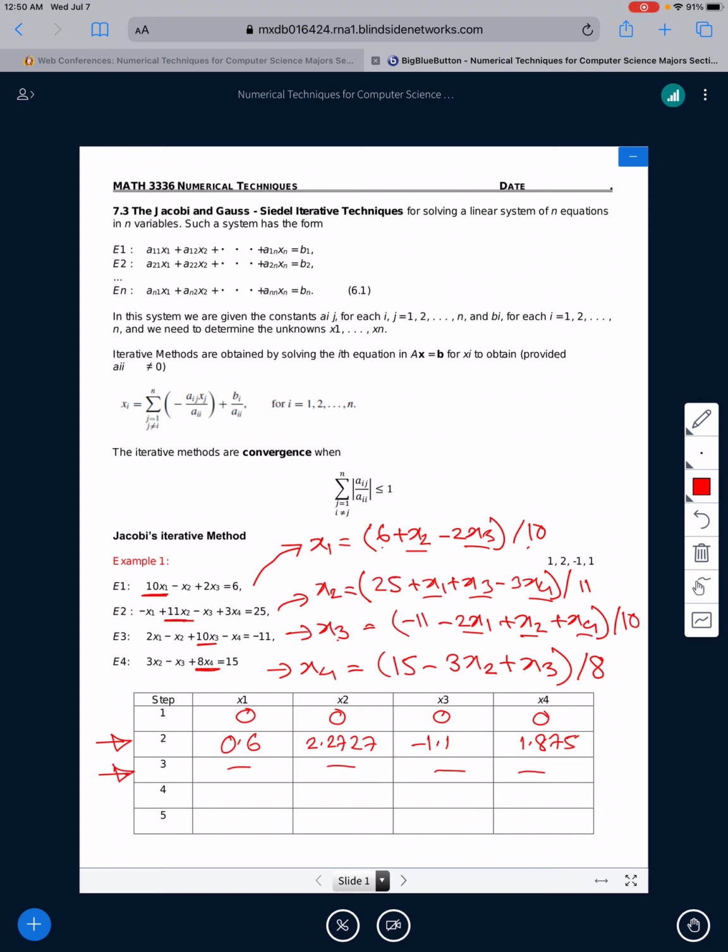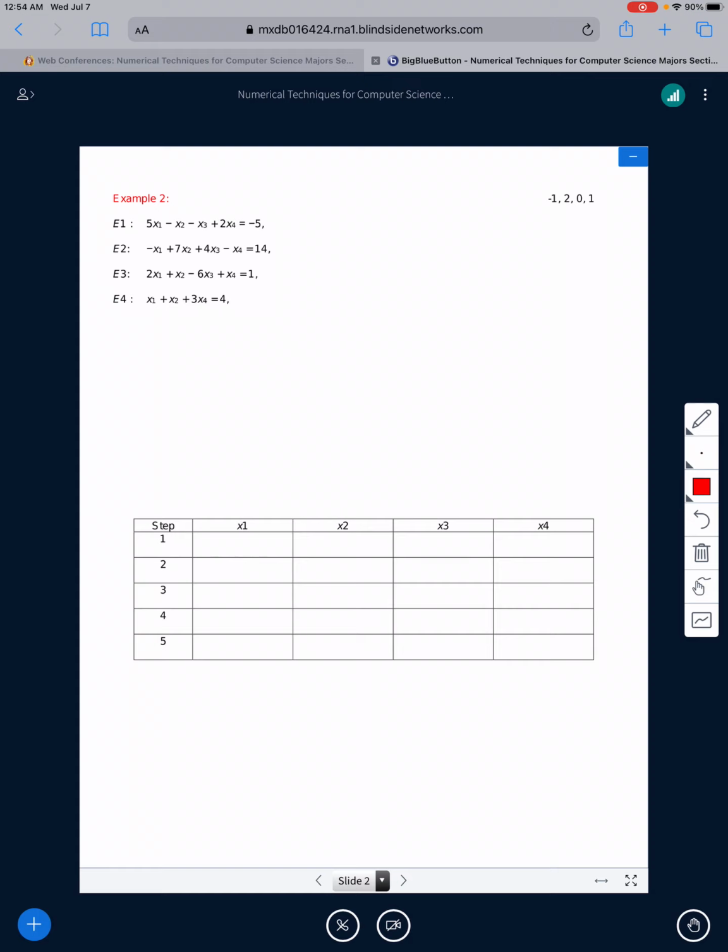Let me go back to the worksheet, and I'm going to solve another problem for you guys. In the second one, we have another example. I am going to solve the equations the same way: first equation for first variable, second equation for second variable, third equation for third variable, fourth equation for fourth variable. So x1 is equal to negative 5 plus x2 plus x3 minus 2x4, divided by 5.